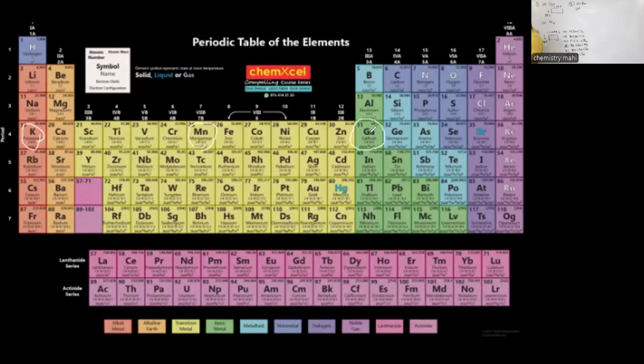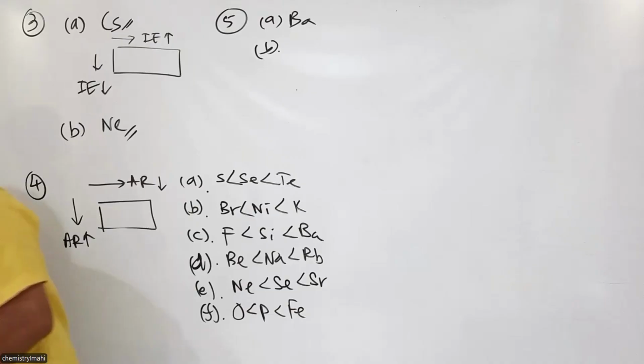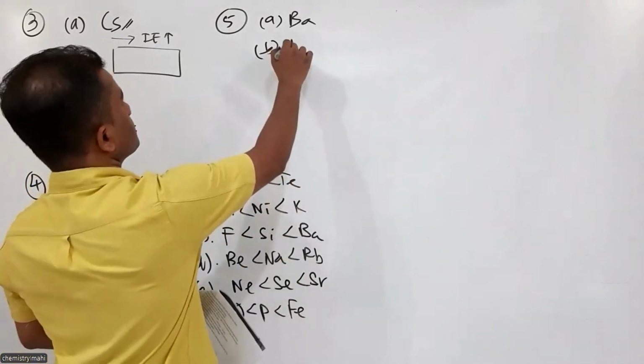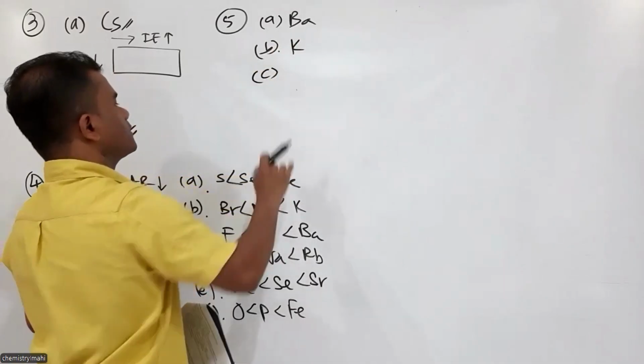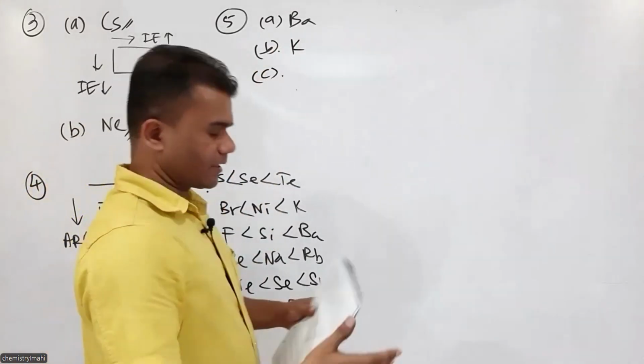They ask for the lowest. Which one is lowest? From left to right, it increases generally. The lowest should be the leftmost one, potassium. They asked to identify the lowest, not the order, so just potassium.